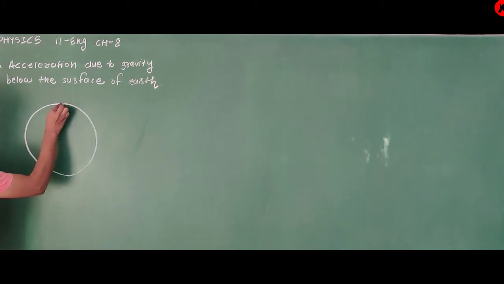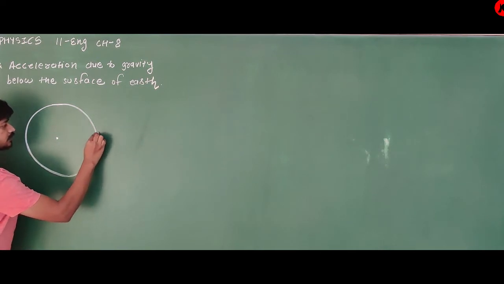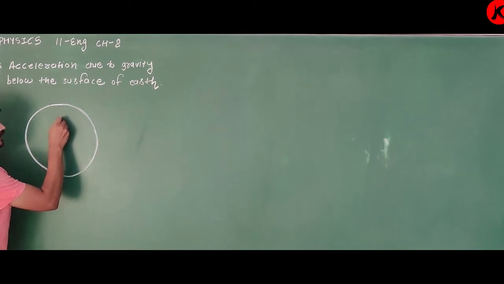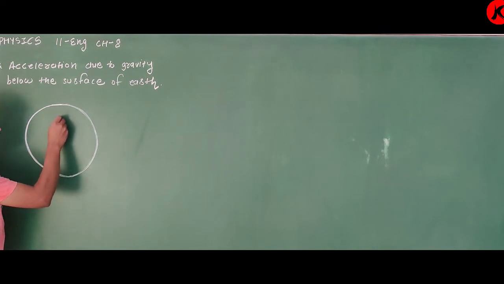Now, acceleration due to gravity below the surface of Earth means, it is the surface, and we want to find acceleration due to gravity below the surface. So I will assume one point. Suppose I want to find acceleration at this point. If at this point one object having mass m is placed, what is its acceleration?